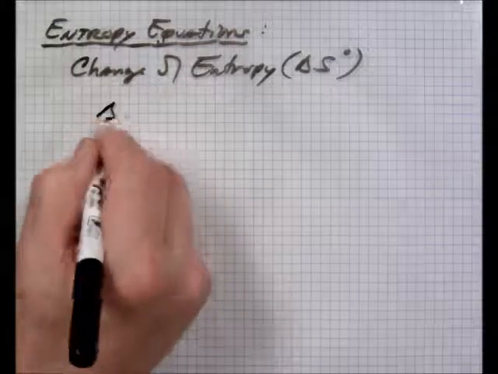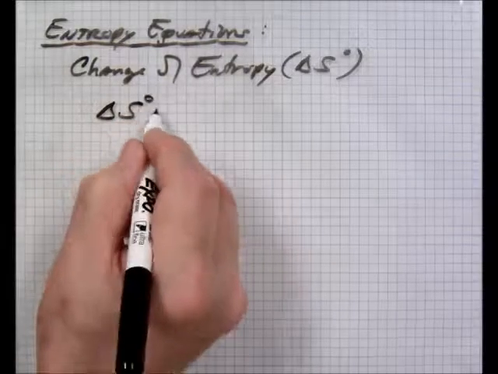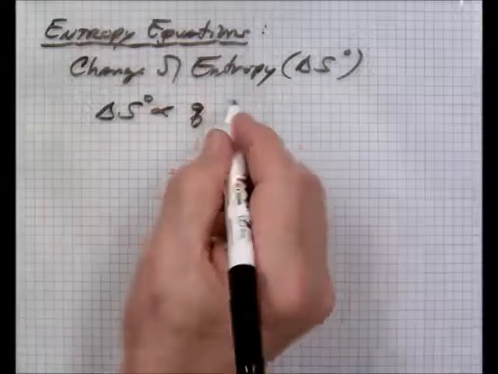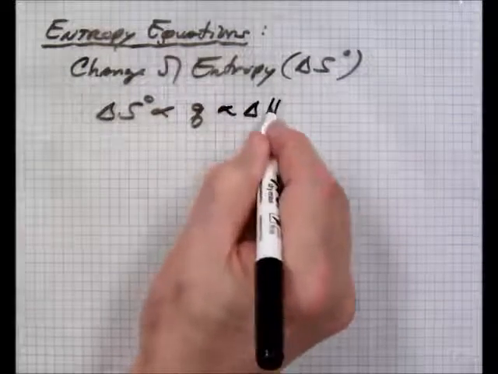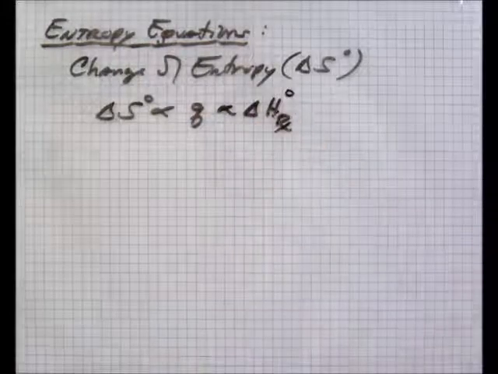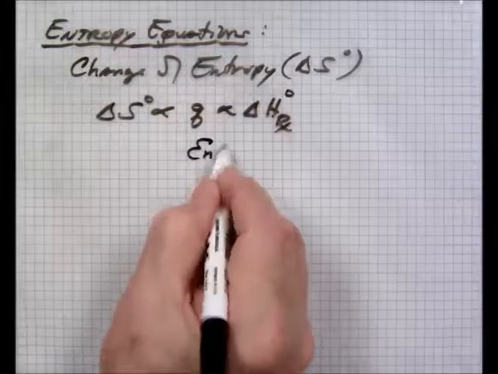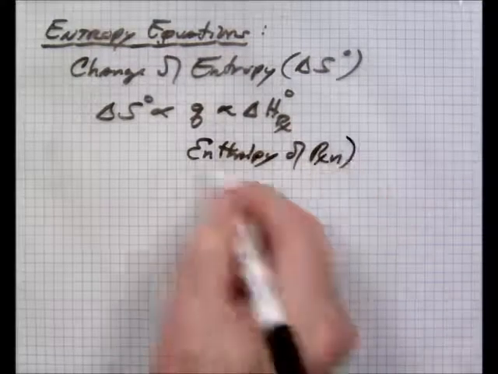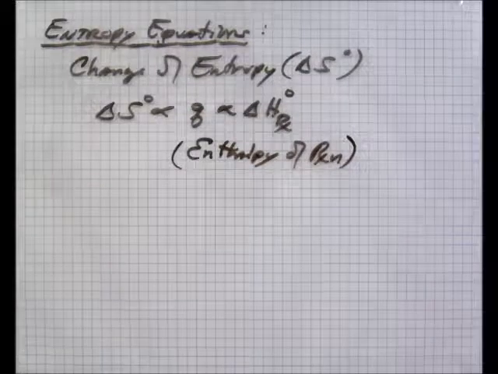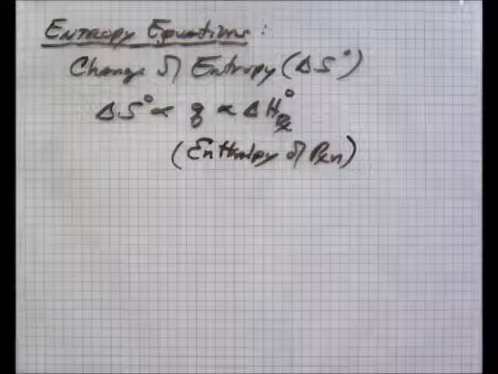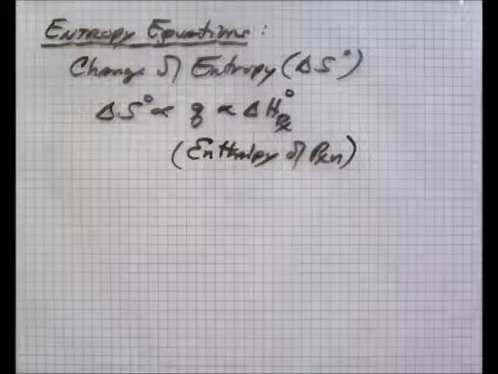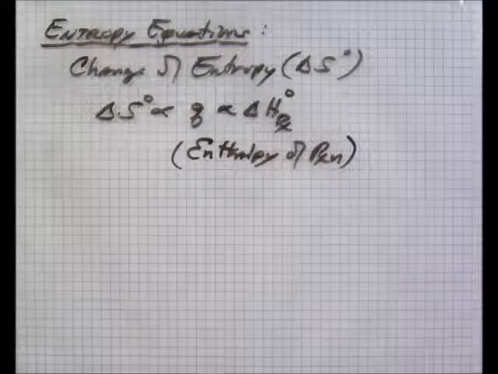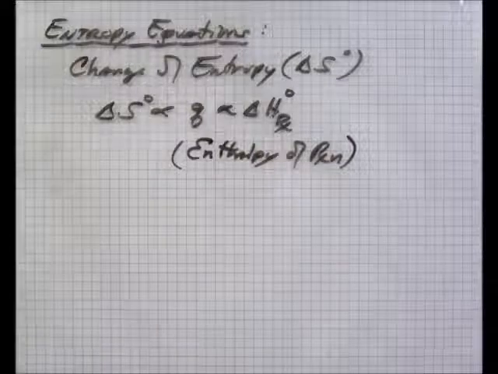So when we talk about entropy change, this is proportional to input of energy, or delta H of reaction, enthalpy. So this is one factor that affects the degree of disorder. If you increase the enthalpy, with more heat going in, a more endothermic process, then you can expect a more scattered, more disordered result.